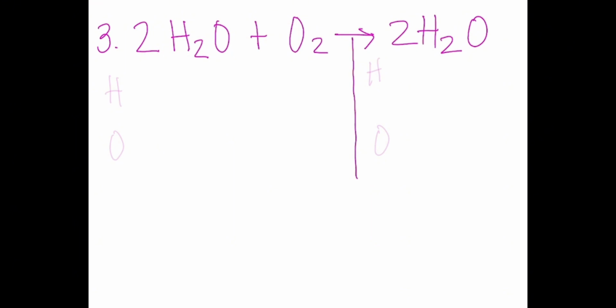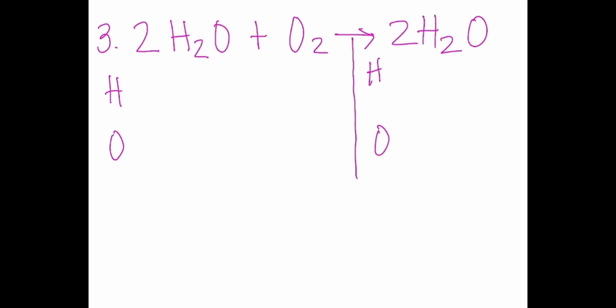And so since we're separating our reactants from our products, we're going to go ahead and make out a list. On our reactant side, we have hydrogen and oxygen. And then on our product side, we have the same, hydrogen and oxygen. Oh, I made a mistake here with this example.